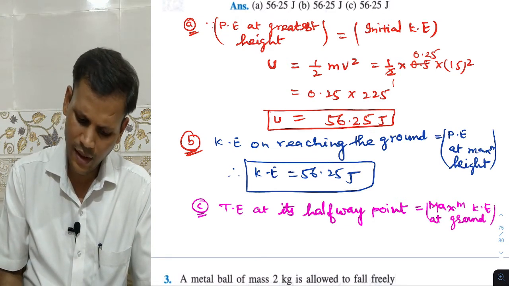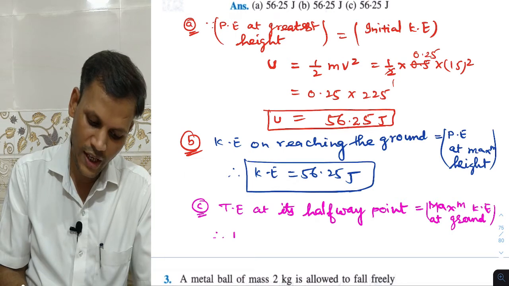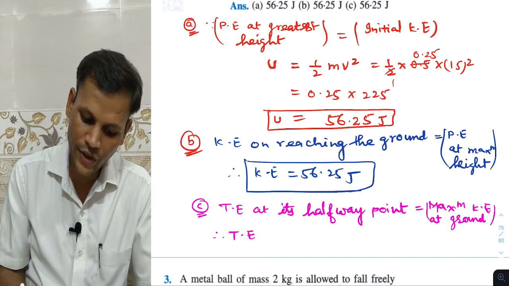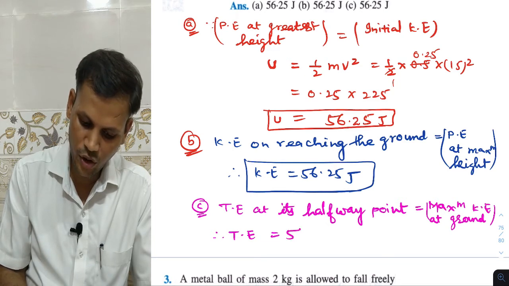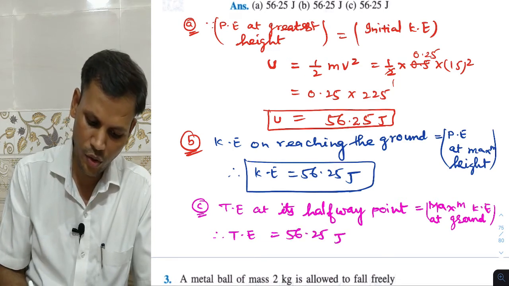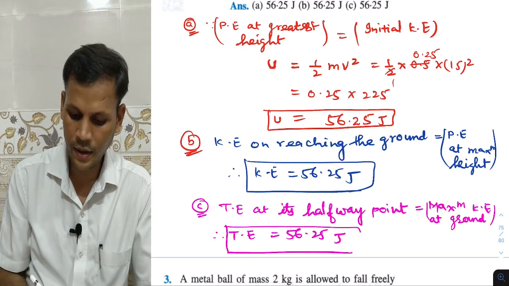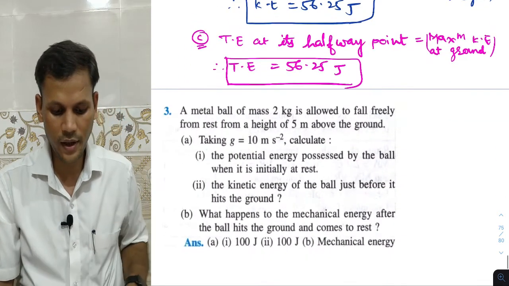So again, total energy at half point will be same way, it will be 56.25 joule. No need to do the calculation for this, because the answer will be same in all the cases.